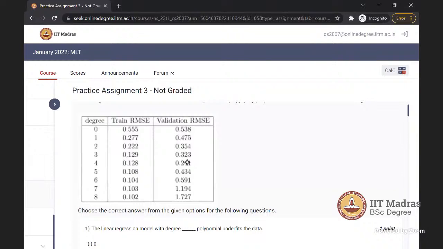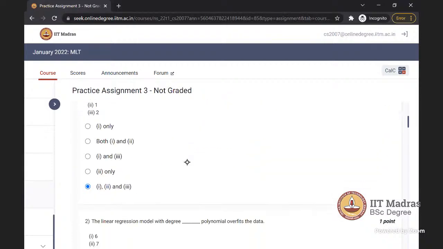You can see that for degree 4, the error is 0.24, for degree 5, 0.43. So as we increase the degree, it is giving us higher validation error. For 6, 7, and 8, the same pattern continues. By increasing the degree, validation error is increasing, and therefore for 6, 7, and 8, all three degree values, the model is going to overfit.